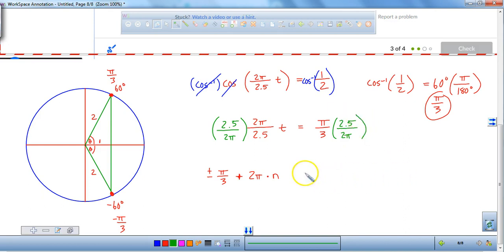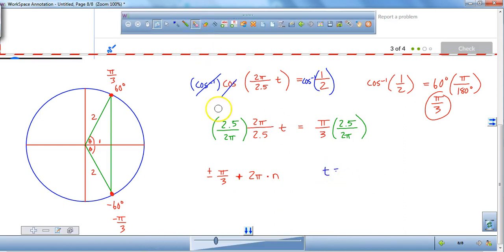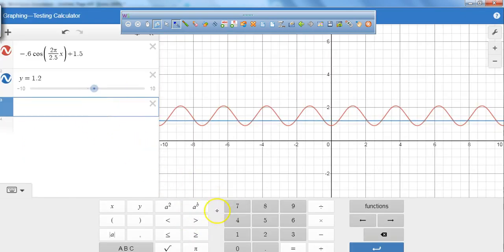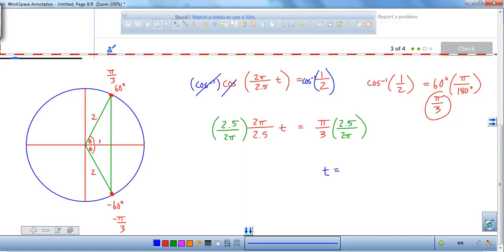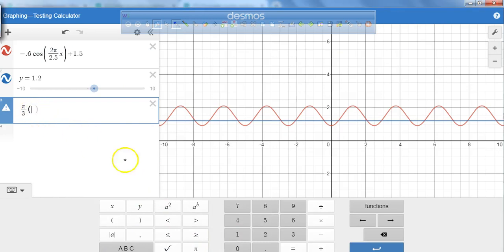Just like that, and we will get our first answer. I'll go ahead and erase this so you're not worried about that. You're just worried about this right here. So let's go to the calculator real quick, and let's take pi over 3, open up parentheses, and put 2.5 divided by 2 pi.